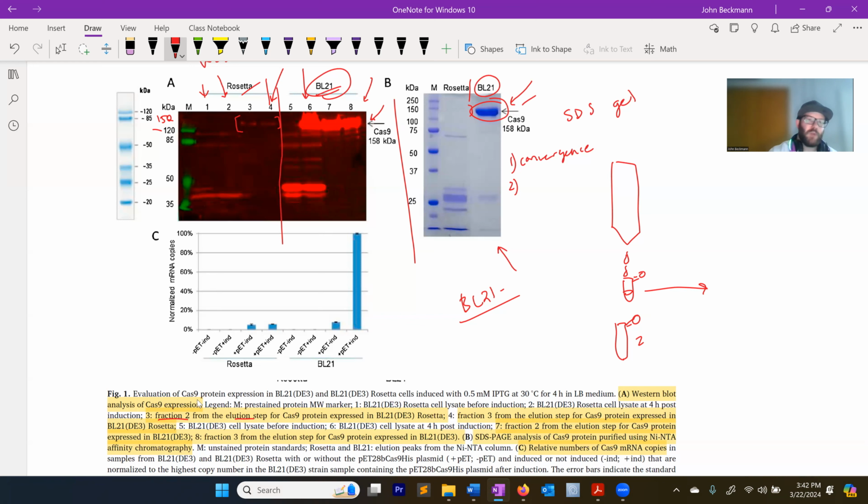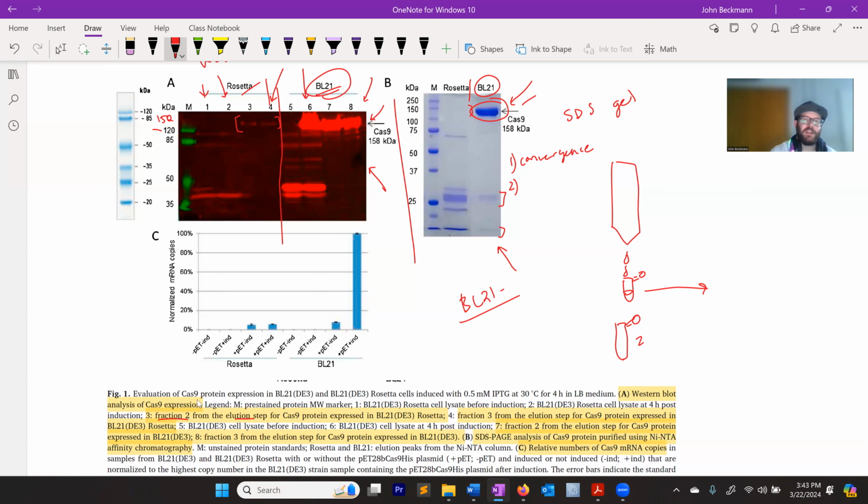The other thing that the Western blot will not give you, because Western blot is antibody based, is that SDS-PAGE will actually show you whether or not you have impurities. So the next question is, does the SDS-PAGE show that there are impurities in the BL21 sample? No? So look at the whole gel. Here's Cas9. Are there any impurities in this lane?